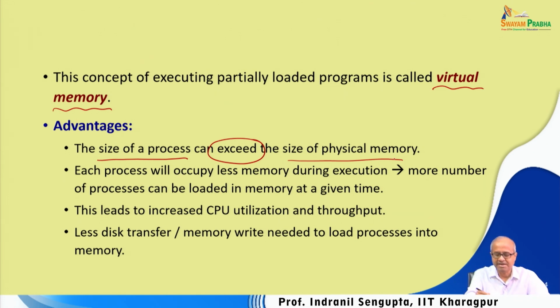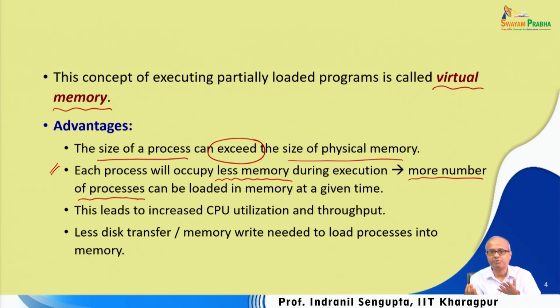Secondly, each process will occupy less memory because we are not loading the whole thing. Because it occupies less memory, you can accommodate more processes. So, in multiprogramming or time sharing, you can load more processes in memory which are in the active state, so you can have a greater number of processes running at the same time.